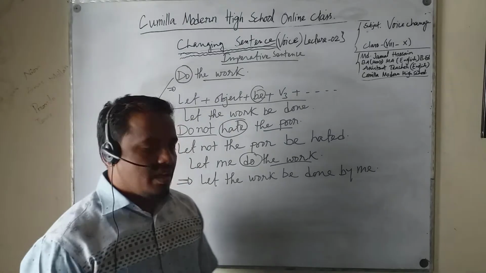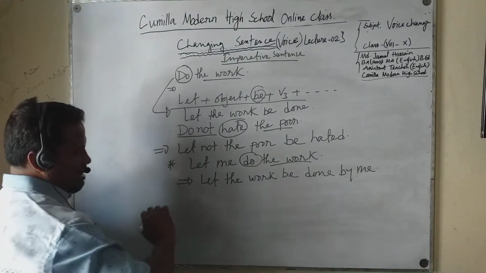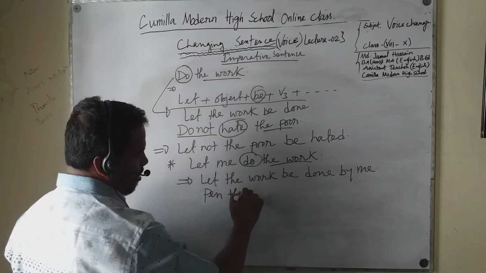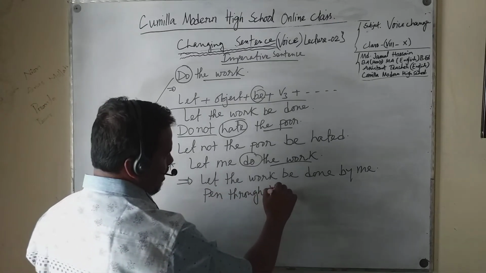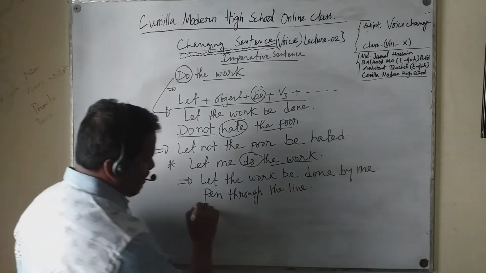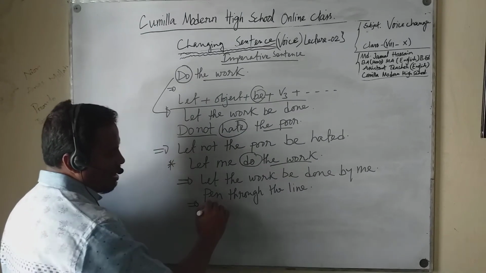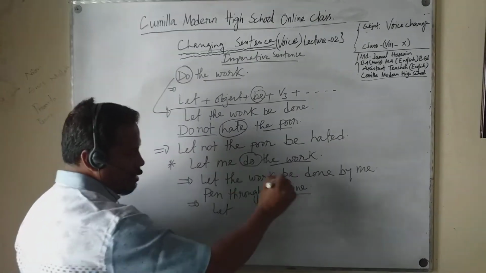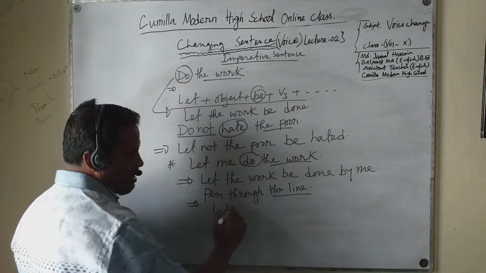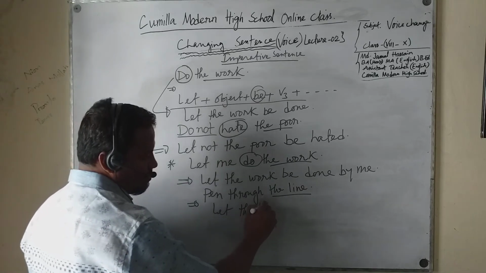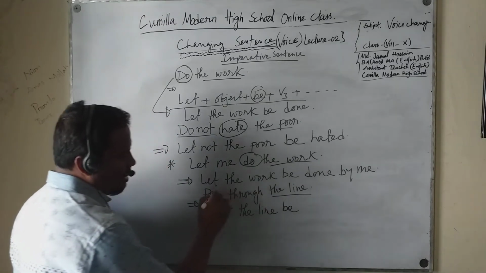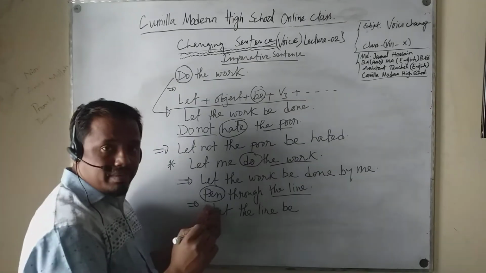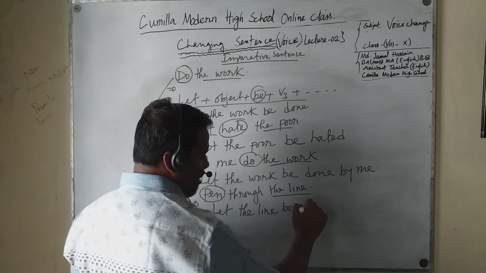Now, if you are asked to change pen through the line, in that case you have to write again let the line, the object of the sentence becomes the subject. Let the line be, the main verb here is pen. This is not a noun, it's a verb here. Let the line be penned through.